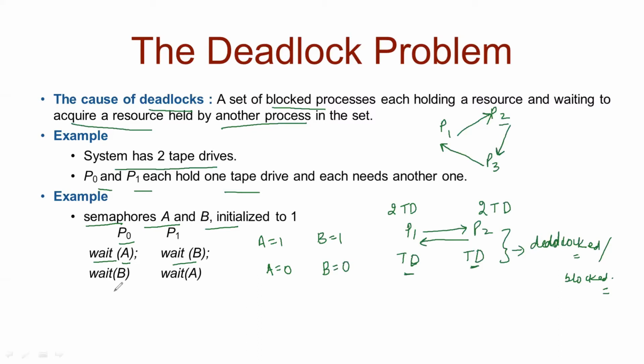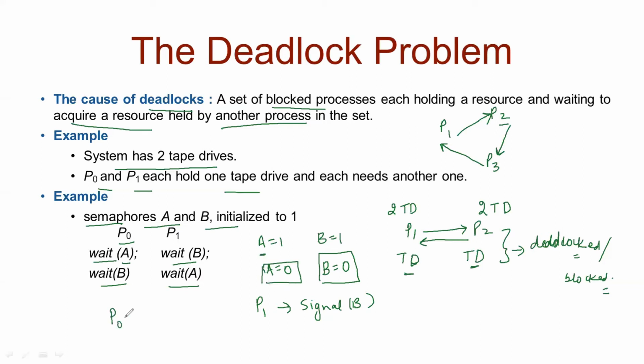Okay. Now process P0 wants to call wait on semaphore B. But it has to wait because the value of B is already 0. So it has to wait till P1 issues signal B. Similarly, P1 wants to take hold of semaphore A, but A is equal to 0.